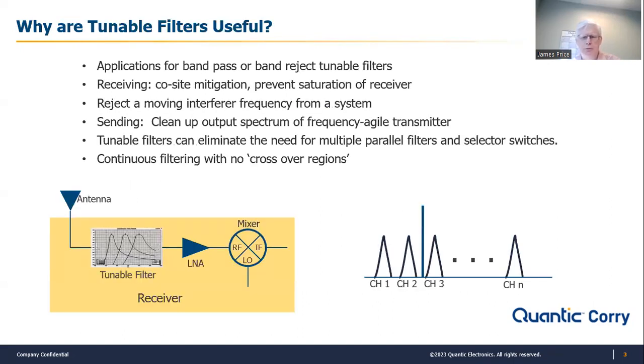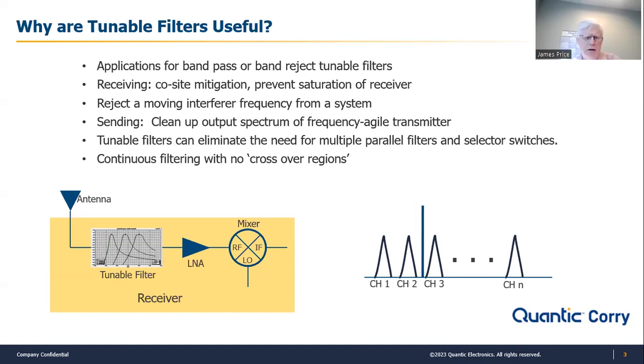Yeah, so there's a lot of different ways that they're used. If we're talking receivers, sometimes you can have a receiver with a sensitive upfront low noise amplifier, and that amplifier might be capable of tuning in several different channels. And if a lot of those channels are present and at a higher power level, you could overwhelm the LNA and get into a nonlinear operating region of the LNA.